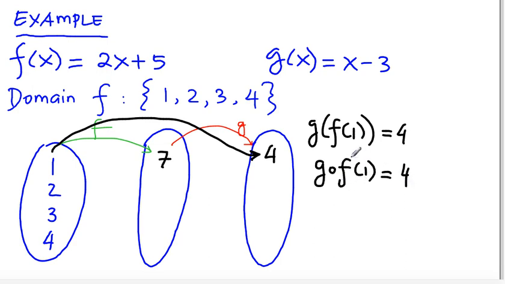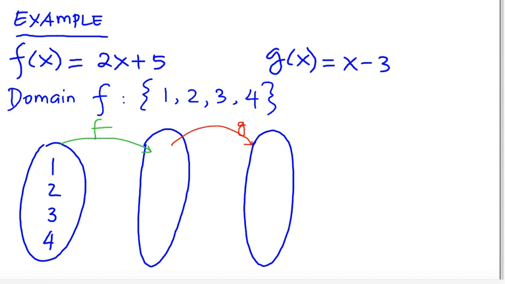So remember, the one which is inside is to be done first, and in this case the one nearer to the x value is to be done first. Sometimes they put a bracket here as well, but not to worry, it means exactly the same thing. Let's see if you can understand this, and let's try another example.